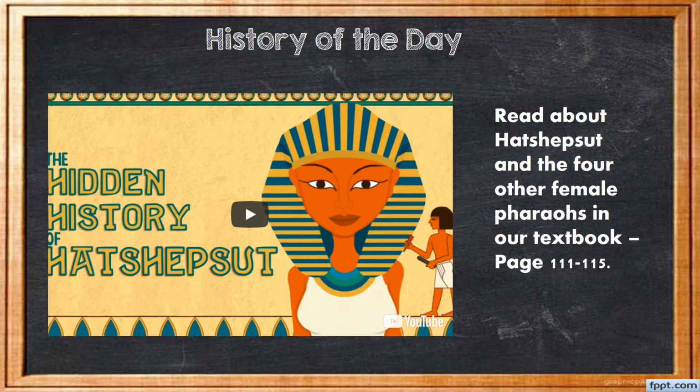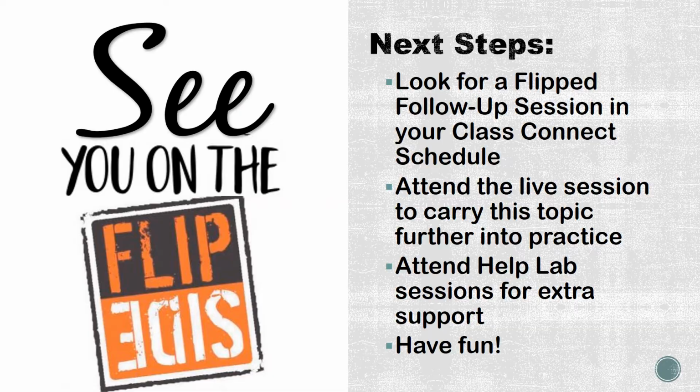But pay attention, maybe even take a couple of notes on those female pharaohs. So you can look for a flip follow-up session in your Class Connect schedule. Attend that live session. We will review your activities, the Comparing Egyptians sheet as well as the hidden history of Hatshepsut. You can also attend help labs for extra support.